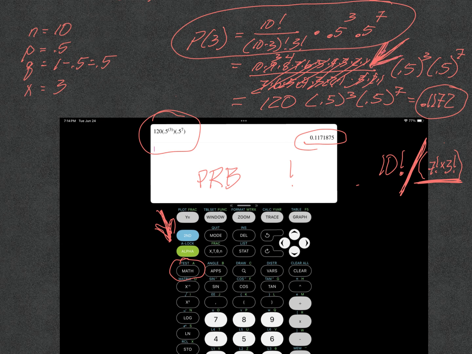Or you can use the key also under probability called NCR, which is a combination. It turns out this part of the formula is a combination.